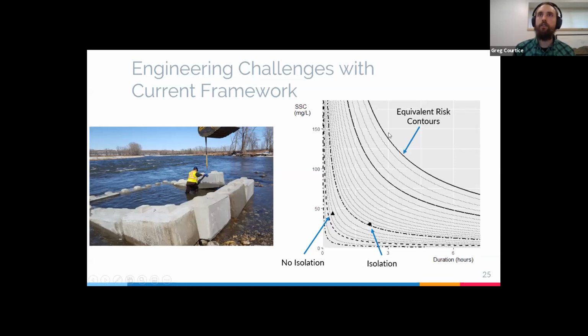And the contours correspond to equivalent risk contours from the Newcomen-Jensen exposure risk model. So each of those will correspond to a certain value of SEV score.